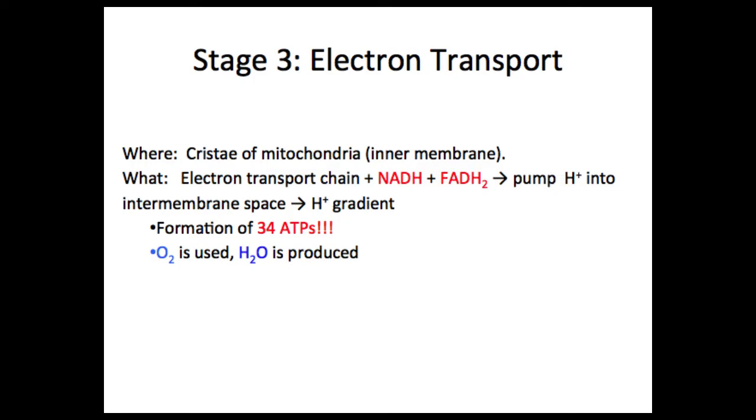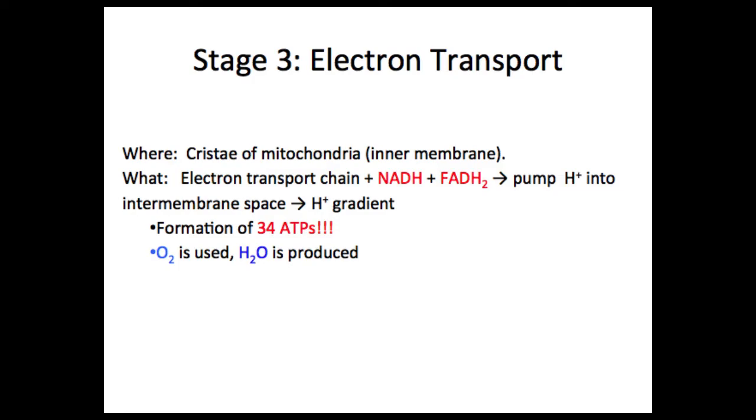What happens? Well, we have an electron transport chain, which we know is just a series of proteins that are embedded in the membrane. And we're going to have the electron carriers fully loaded. We're going to take these electrons, put them in the chain, and use this organized movement of electrons down the chain in order to pump protons into the intermembrane space, thus creating a proton concentration gradient.